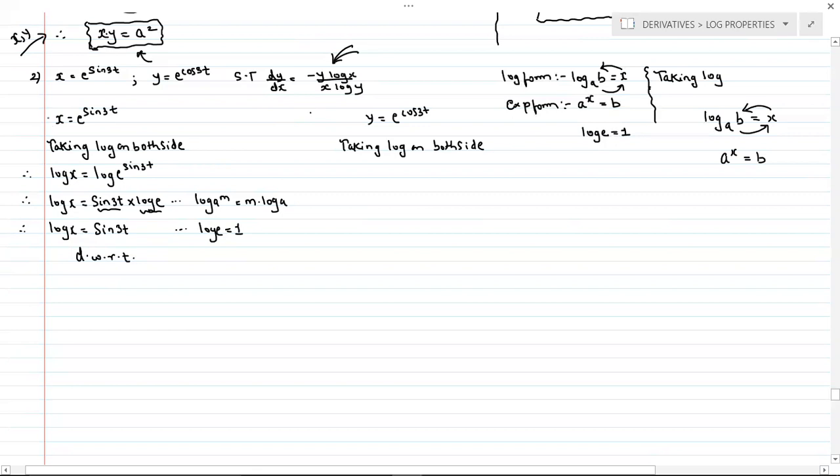Clearly we can see that on the right hand side the alphabet is t. So here we have two different functions, and on the right hand side the alphabet is t, so the parameter is t. So with respect to t, you will find the derivative.